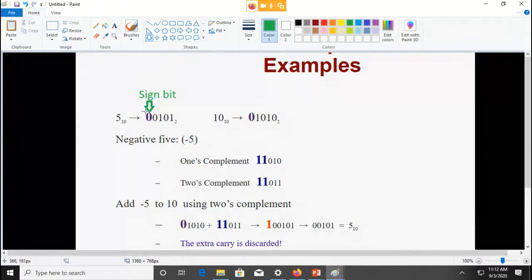So to make it negative, we take this 5-digit number here, and we're going to convert it.